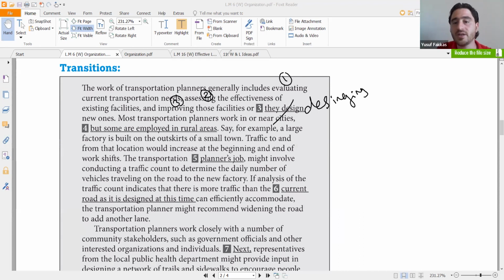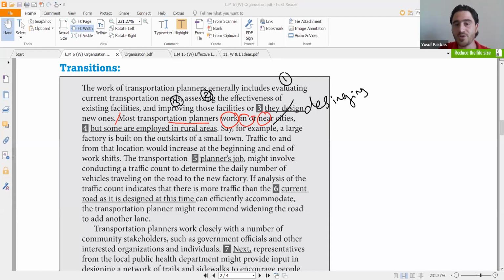All right, that's all in the first sentence. Now, the second one, it says, most transportation planners work where? So again, I'm talking about transportation planners. In the previous paragraph, if you remember, the focus was who they work with, okay? This time, the focus is where they work.